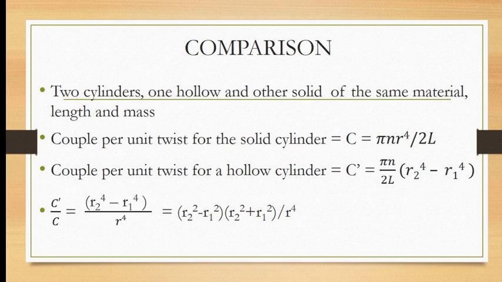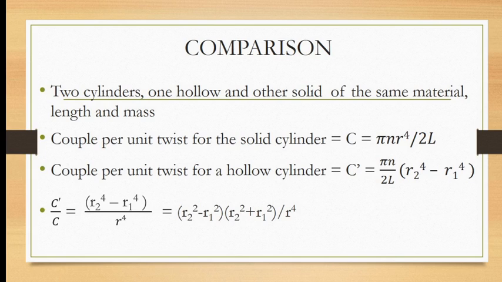So we have two cylinders, one hollow and the other solid, and both cylinders are made of the same material and have the same mass and same length. And we already know the couple per unit twist for the solid cylinder as well as for the hollow cylinder. How can we compare these two? Just divide C dash by C.